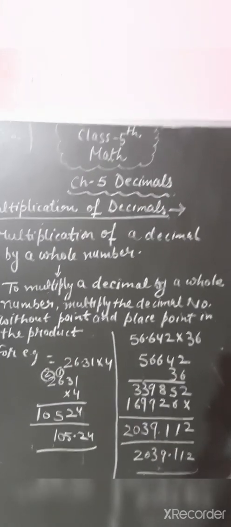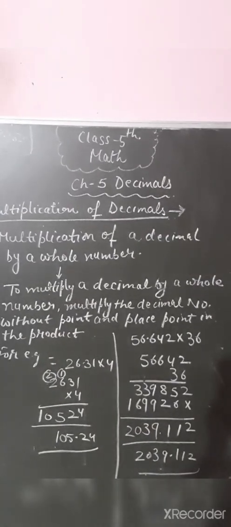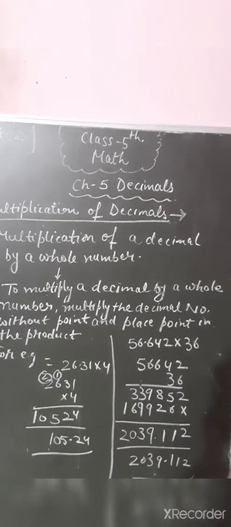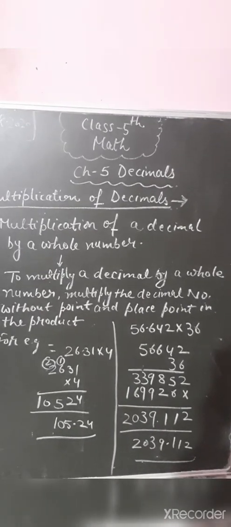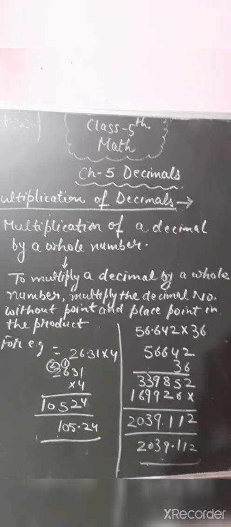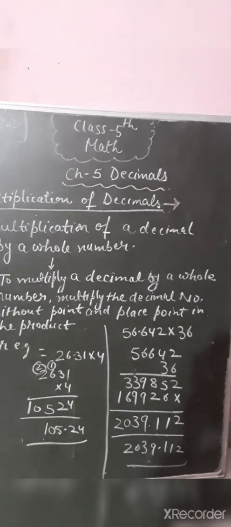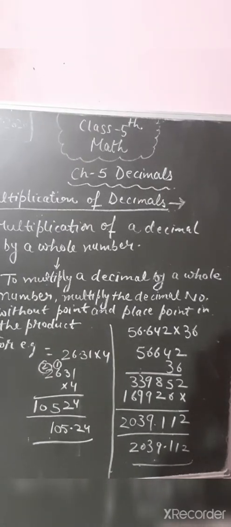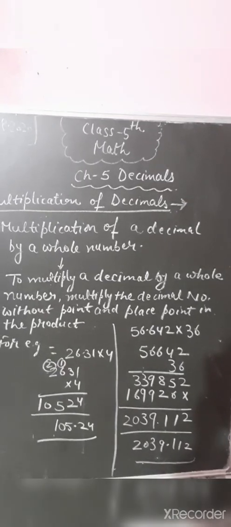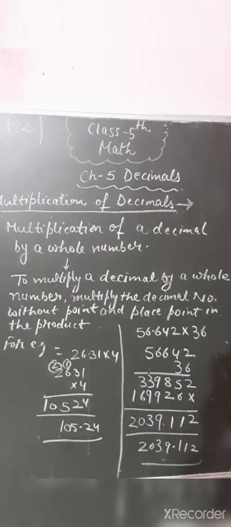So next method. First was multiplication of a decimal by 10, 100 and 1000. Now second is multiplication of a decimal by a whole number. Dear students, to multiply a decimal by a whole number, multiply the decimal number without the point.